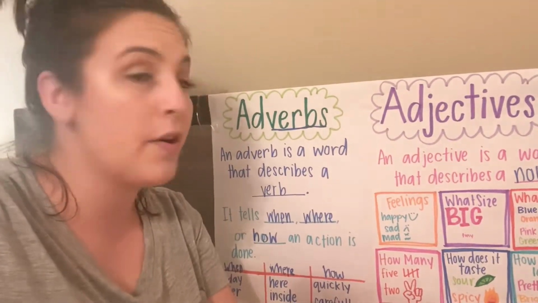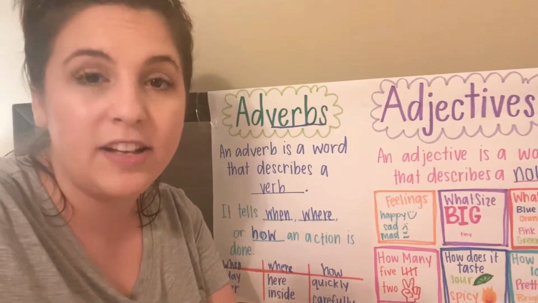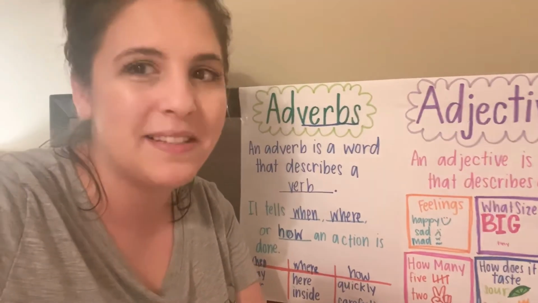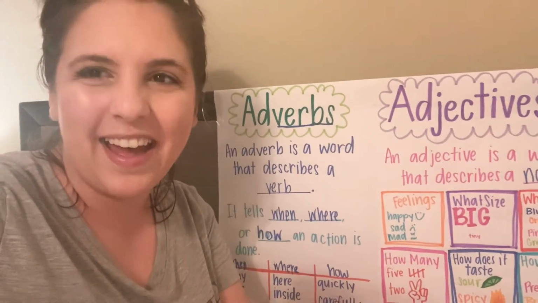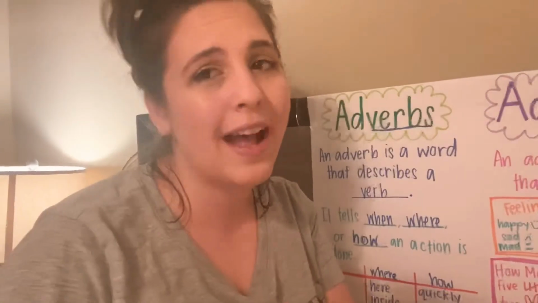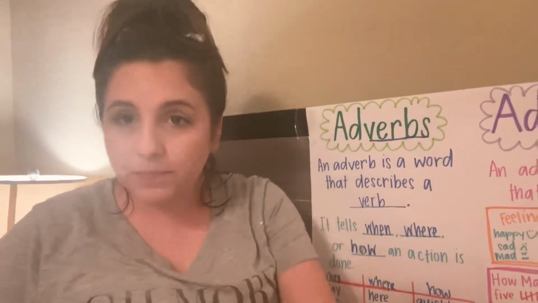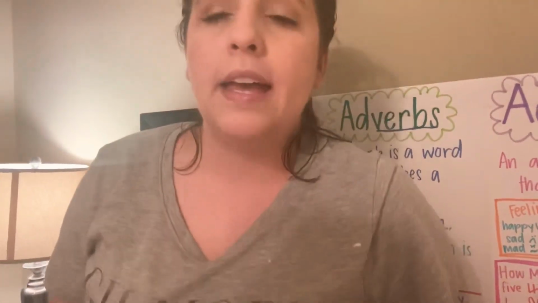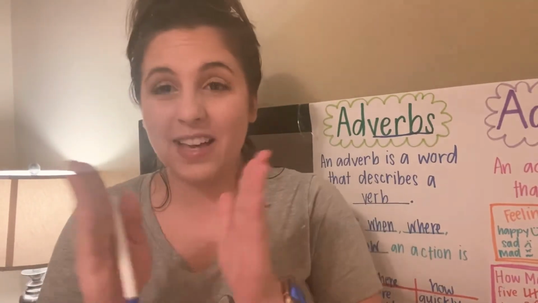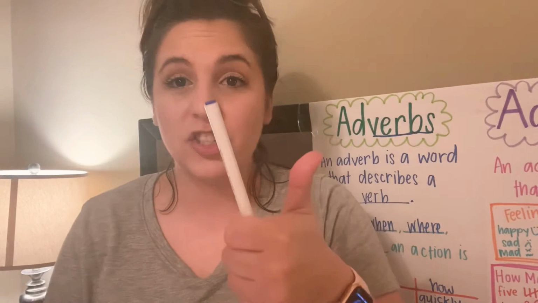Okay, so Miss Seward is gonna wrap this up. I try to make it quick and sweet and simple, easy peasy lemon squeezy, so that we could move on and do the activity. So your activity today, all you have to do is pick whether the word that it gives you, the example word, is an adjective or an adverb.